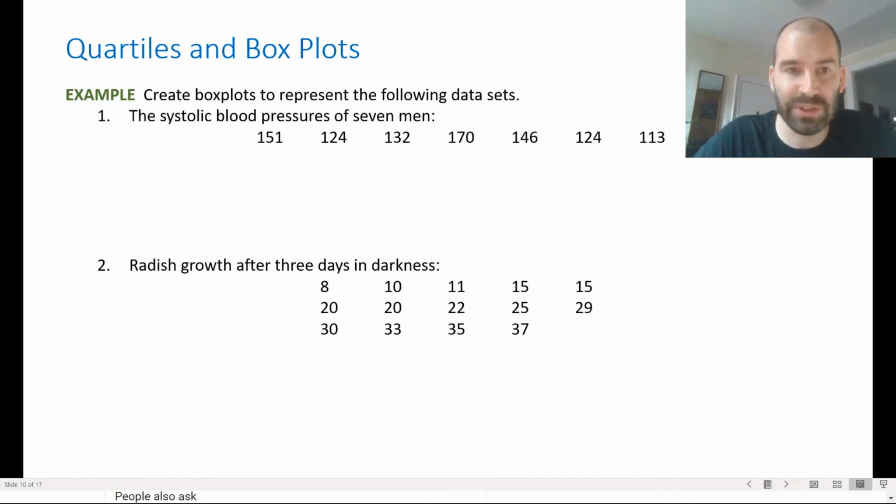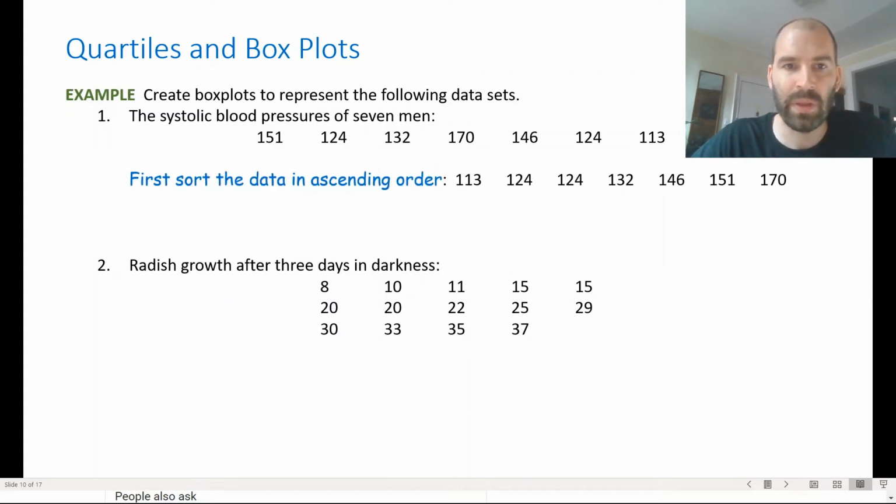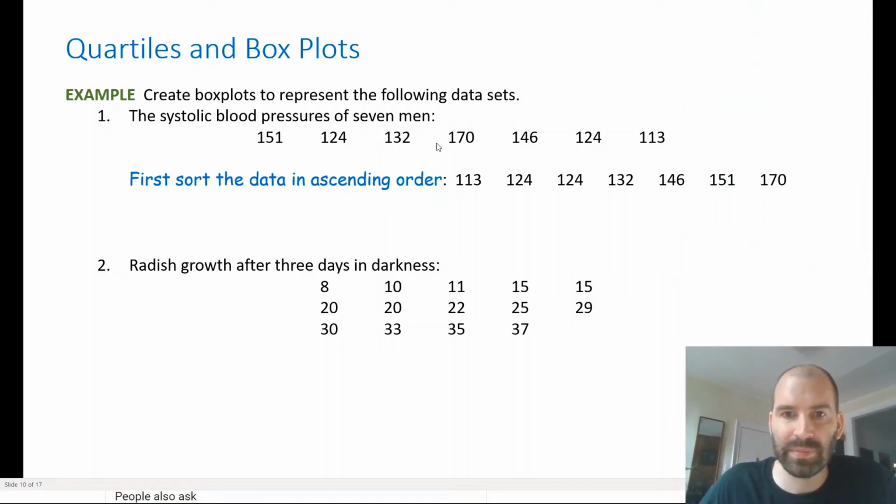So that's the first step. Whenever you make a box plot, you should always sort the data from least to greatest. Otherwise, you're going to get meaningless values. Okay? So here we go. We put the data in ascending order. So we just listed it out there. Okay, so now we can go make our box plot.